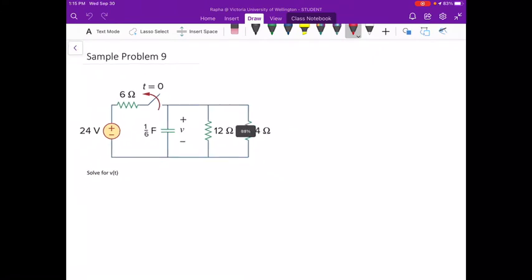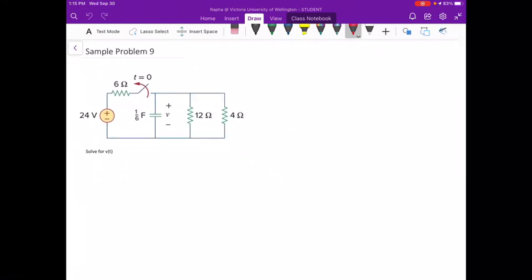We are given this problem in which we are meant to solve for V(t). This V(t) is actually the voltage across the capacitor. So we have conditions.